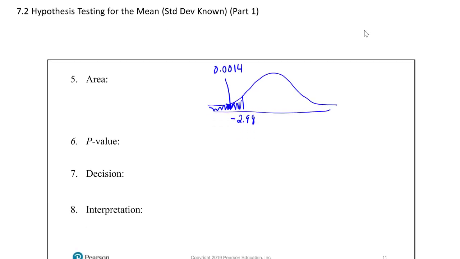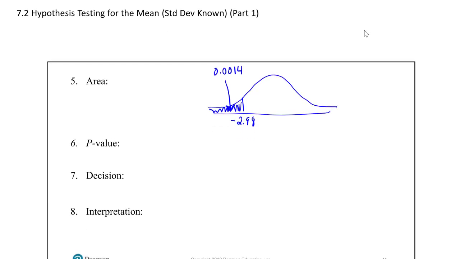That's my area there. But for this left tail, that p-value is this area. It's exactly that area. Okay, so now I need to take this p-value and compare it to the alpha that I was given.